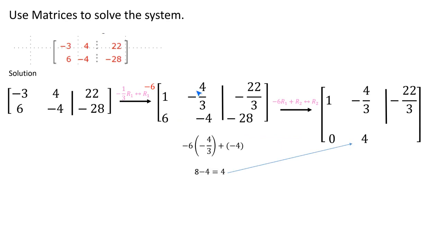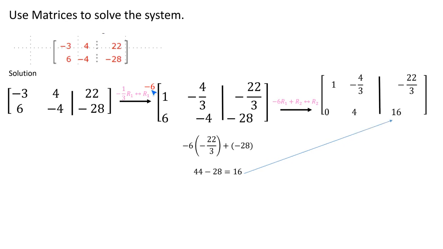Negative 6 times negative 4/3 is going to be a positive 8, and then plus a negative 4 gives me a 4. And then negative 6 times negative 22/3 is going to give me a positive 44. Plus a negative 28 gives me 16.